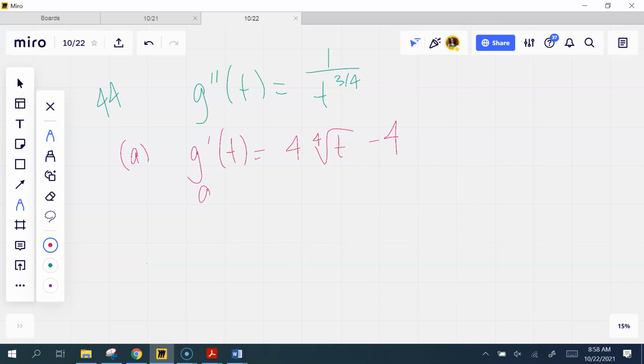What's the derivative? Close. 4 times... Wait, if it's 4, does that mean that... to the negative.